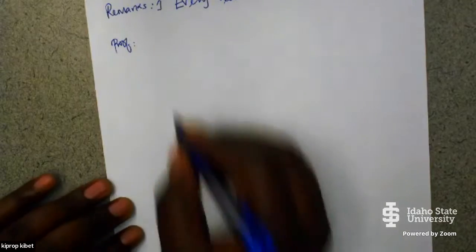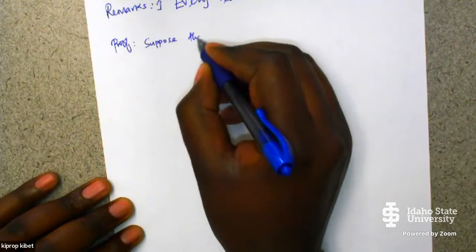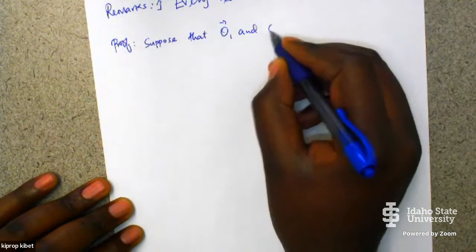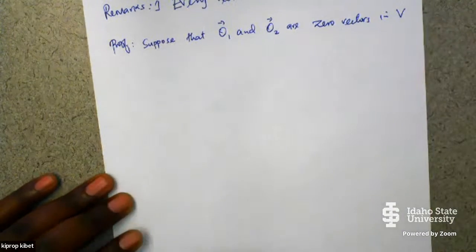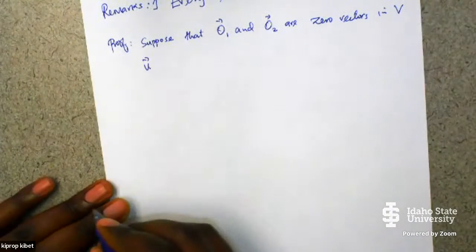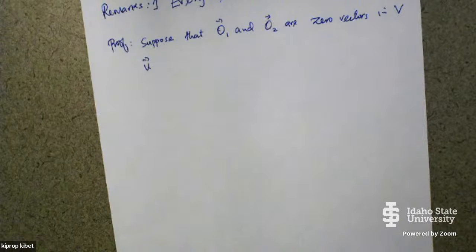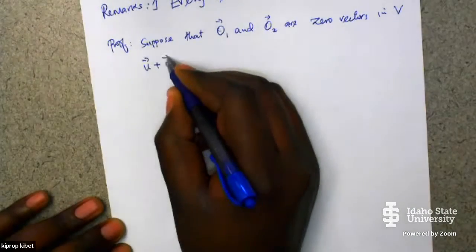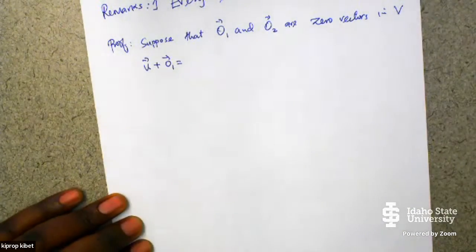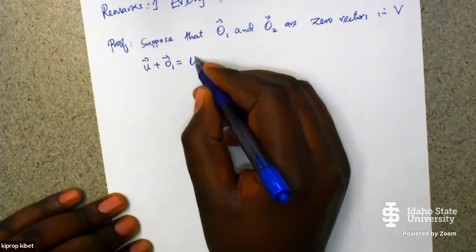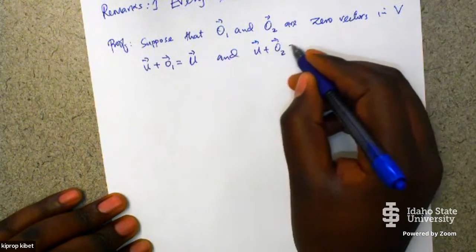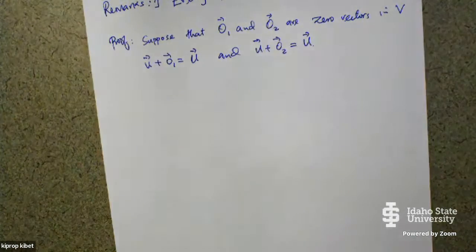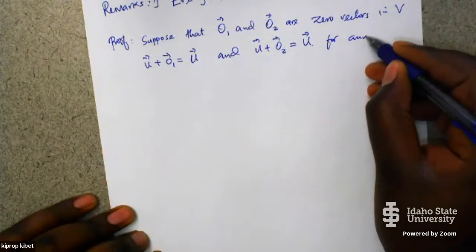Suppose that 0₁ and 0₂ are zero vectors in V. If you remember axiom number 3, u plus the zero vector is the same as u. So u plus 0₁ is the same as u, and also u plus 0₂ is the same as u, for any u in V.